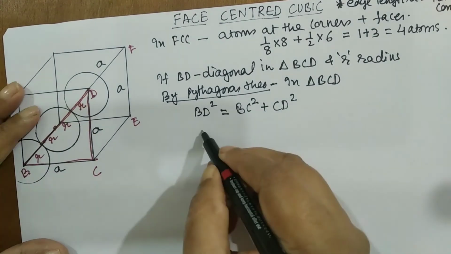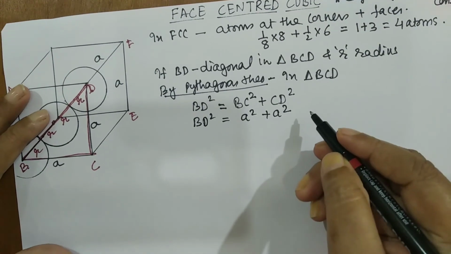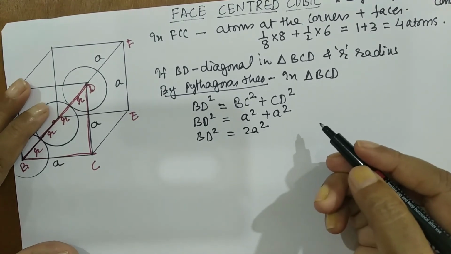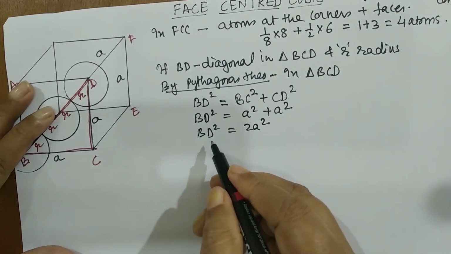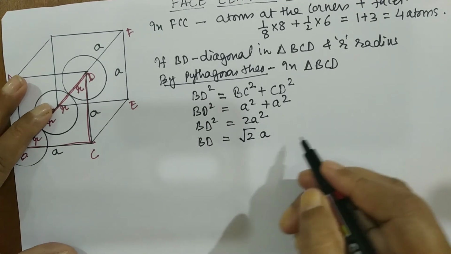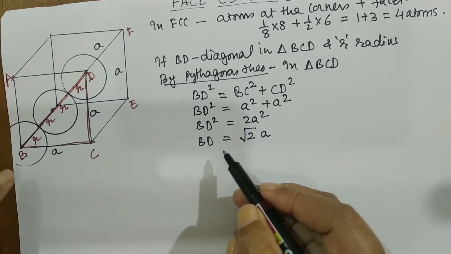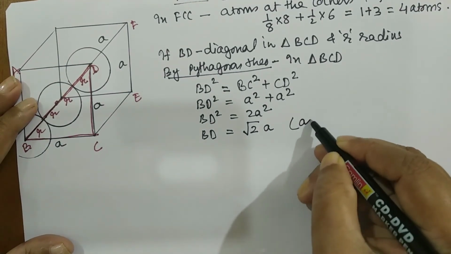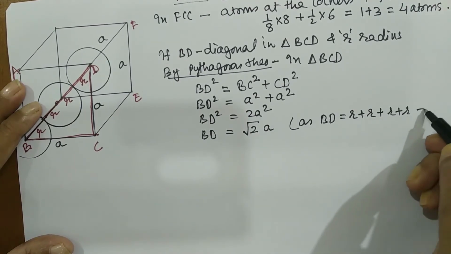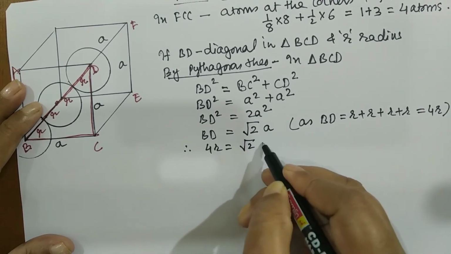CD is also A. So BD square is equal to A square plus A square. So this will come to BD square is equal to 2A square. Same as what we have seen for simple. So what is BD equal to? BD is equal to under root 2A. Let us mark this as one of the equations. Now I have to substitute this BD. If you see BD, students, I am writing here BD is equal to R plus R plus R plus R. So that is 4R. Therefore 4R is equal to root 2 of A.